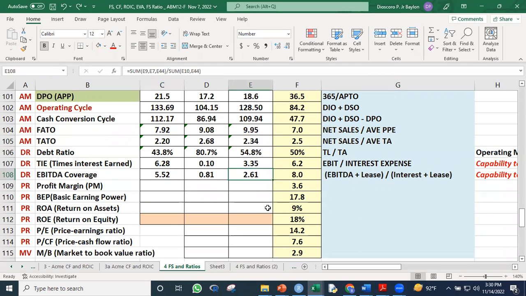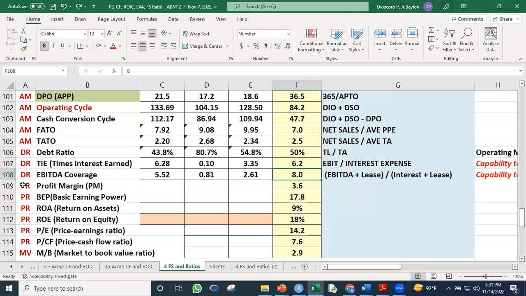It was 2.61 in 2019 and it went down really in 2020, less than 1 to 1. However, when we compare ourselves with the direct competitor, 8 sila, no? So in terms of EBITDA coverage, we lag behind them.